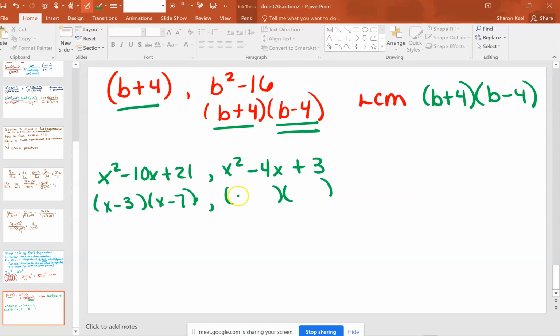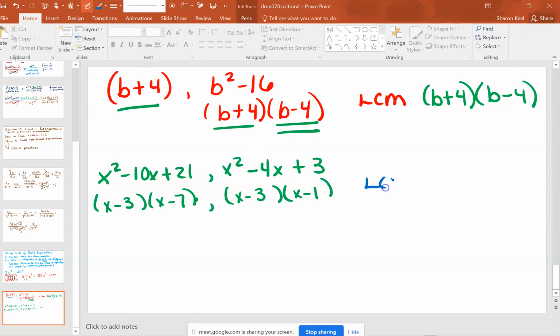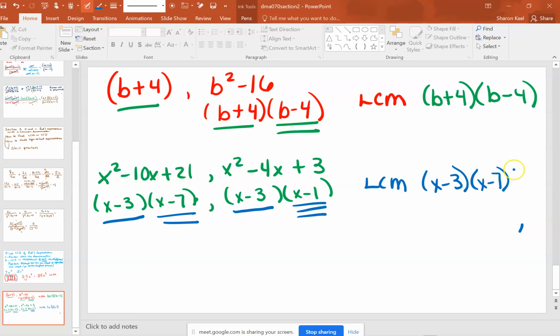This one is going to factor into an x minus 3 and an x minus 1. So when I'm determining my least common multiple here, both of these have an x minus 3, but only one x minus 3. So I have to have that in my denominator. The first one has an x minus 7, and this one has an x minus 1. So I have to use all of the factors, okay?